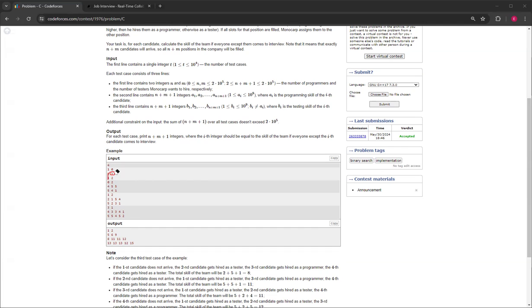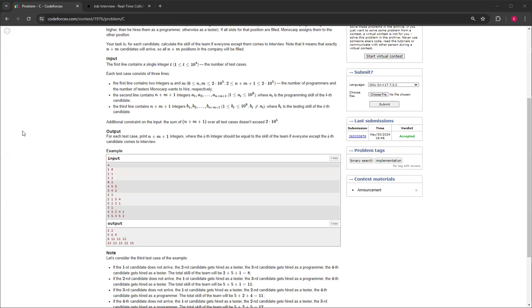If you don't include the second one, then it would be 2, because that is the programmer skill of the first guy. So that's what you print out: 1 if you don't include the first guy, and 2 if you don't include the second guy.